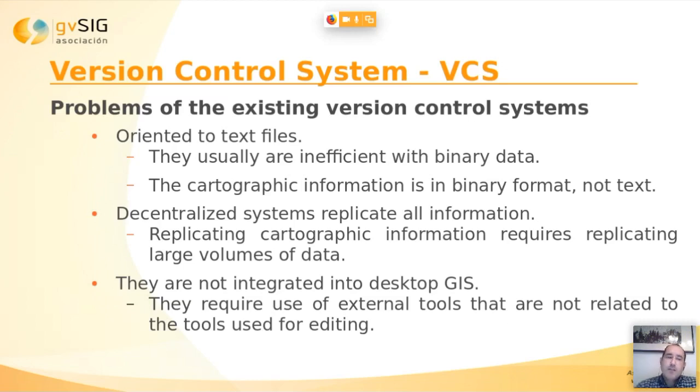Another problem is that decentralized systems replicate all the information, so they require large volumes of data to replicate. And another problem is that they are not integrated into a desktop GIS. So they require external tools that are different than the tools that we use for editing.